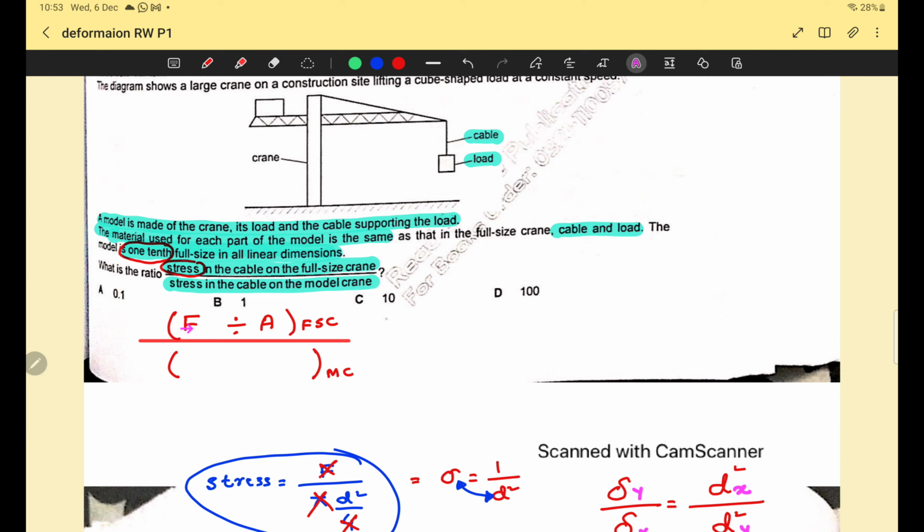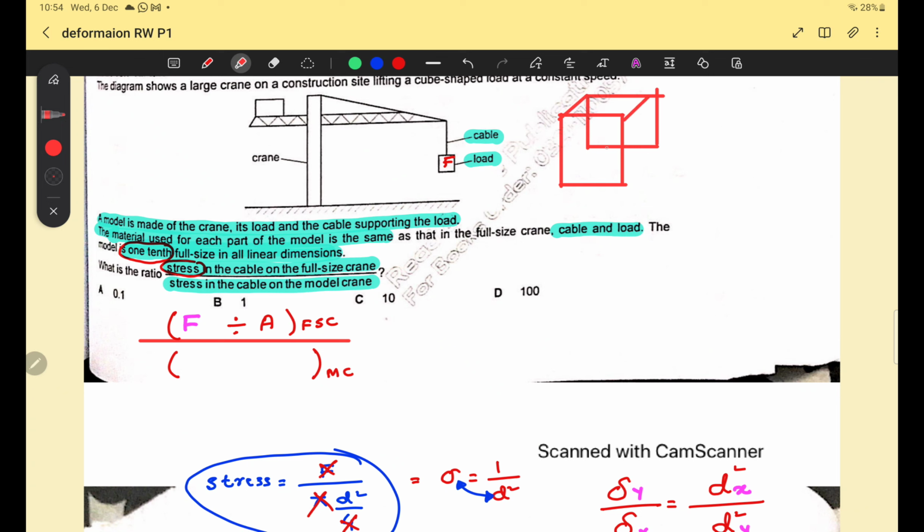Can you tell me, F is the weight of load. If the load dimension is reduced to 1/10, it is the original load, and when we made its model, all dimensions are reduced to 1 upon 10.